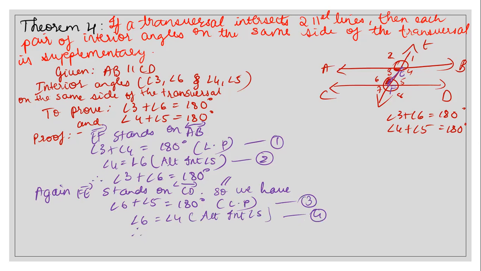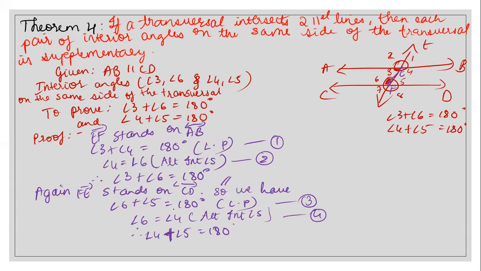From equation 4, can I say that angle 4 plus angle 5 is equal to 180 degrees? Meaning, since I know that angle 6 is equal to angle 4, can I substitute angle 4 instead of angle 6? Can I do that? Yeah. So angle 4 plus angle 5 is equal to 180 degrees.